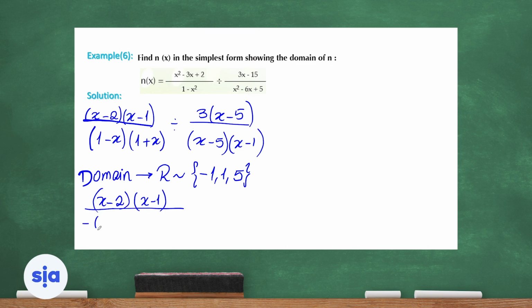And this one, we can make it as x minus 1 by taking a negative sign outside. Keep the first fraction as it is. Change the division sign into a multiplication sign. And then we flip the second fraction.